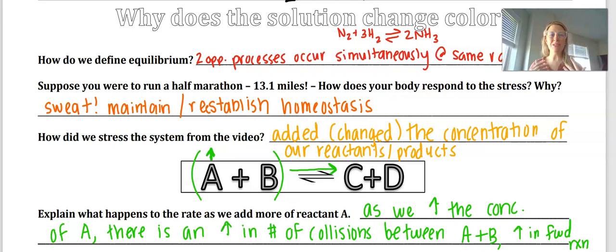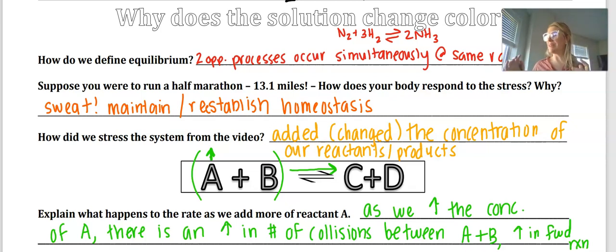Now, think to yourself, if I'm producing more C and D because I have an increase in the rate of my forward reaction, what's going to happen to the rate of my reverse reaction? Well, eventually, it's going to equalize out again.